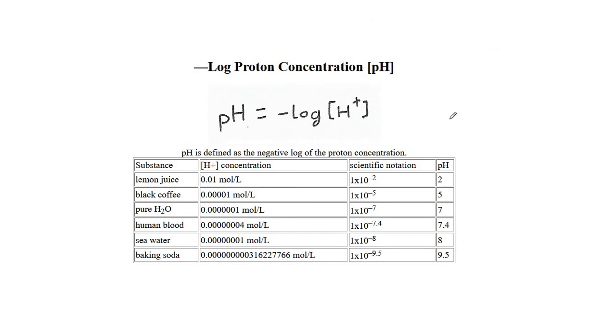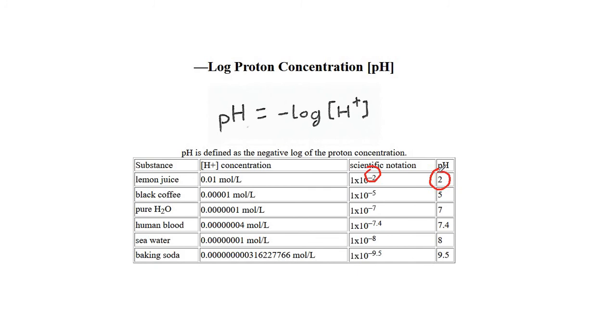lemon juice has 2 zeros before the 1, and so that's 1 times 10 to the negative 2. 2 zeros before the 1 if you include the 0 before the decimal, that is. That's an important thing to remember. So in scientific notation, that's 1 times 10 to the negative 2, which means it has a pH of 2.